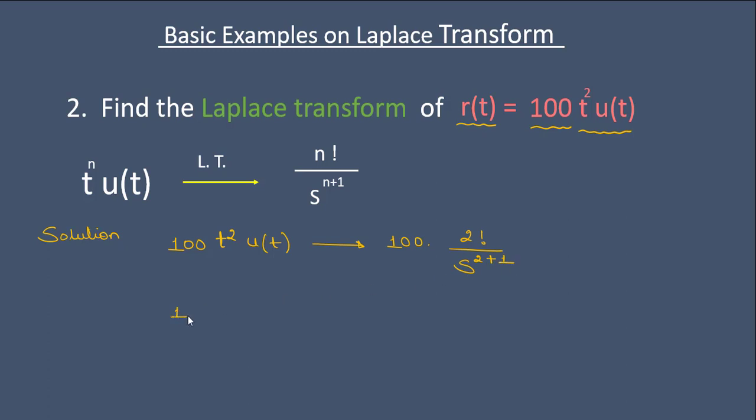So the Laplace transform of 100 t square u of t will be, 2 factorial is 2, 2 into 100 is 200 upon s cube. The answer for 100 t square u of t, its Laplace transform, is 200 upon s cube.